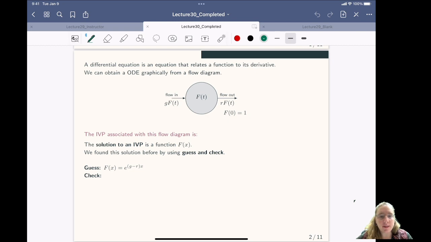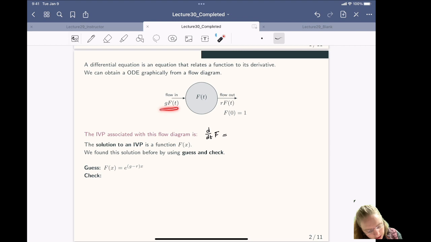of these ODEs. Alright, so as a reminder, we can derive an ODE from diagrams such as a flow diagram as one way of deriving an ODE. So here we have the derivative, d by dt, of our state variable f is equal to the flow in minus the flow out, which is g f of t minus r f of t, or simplifying this, we get g minus r times f of t.